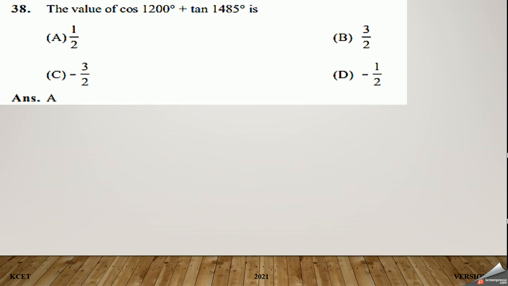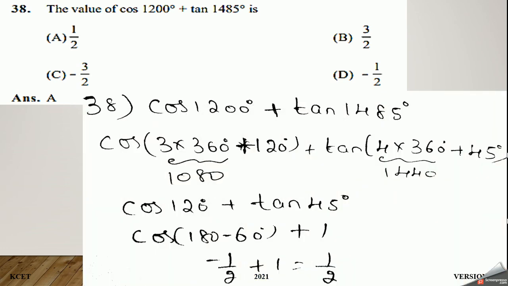Coming to this, let me first simplify 1200 degree and 1485 degree. I'll write 1200 as 3 into 360 plus 120. You can write this in any format. 3 into 360 is 1080, and 1485 as 4 into 360, which is 1440, plus 45.